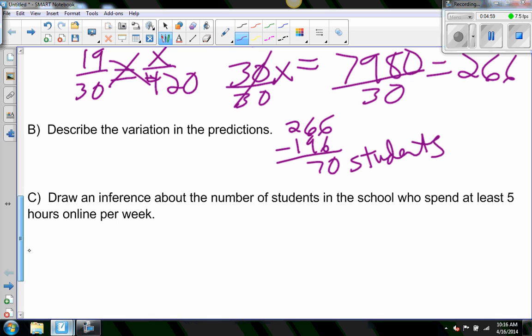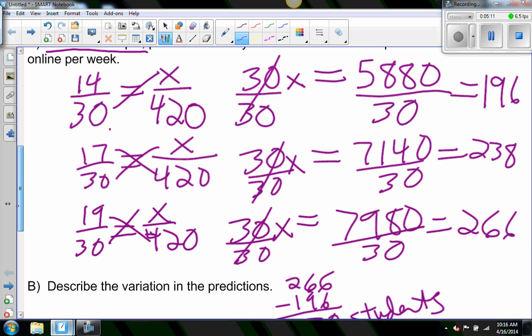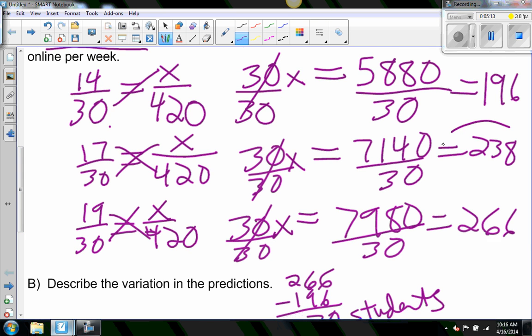So step 3 here, draw an inference about the number of students in the school who spend at least 5 hours online per week. A prediction that you could make, if you go back and look at your 3 samples, you pick the middle number, the middle sample.